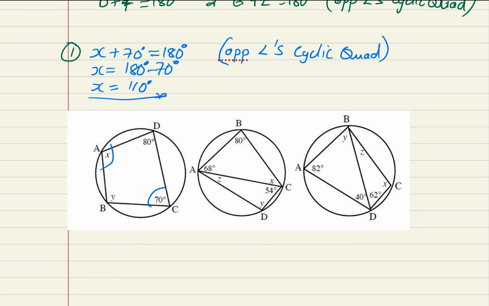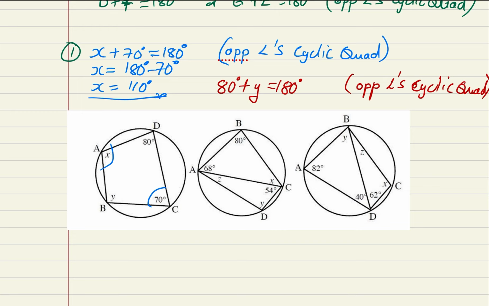We can continue and find y, because we are going to say 80 degrees plus y equals 180 degrees. Why do you say so? These are opposite angles of a cyclic quad.